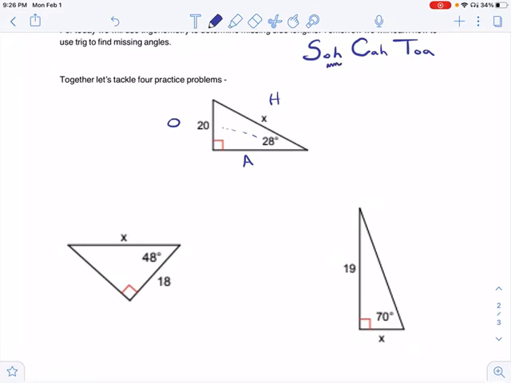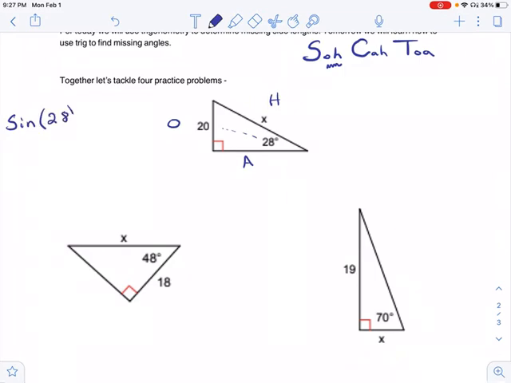I don't care about adjacent. I'm not looking for it, and I don't know it, so I don't want to use cosine or tangent. So I'm thinking, all right, I'm supposed to use sine. And I know that the sine of my angle is going to equal the opposite divided by the hypotenuse.